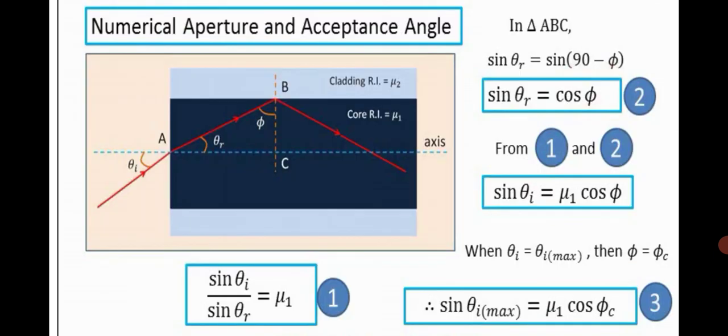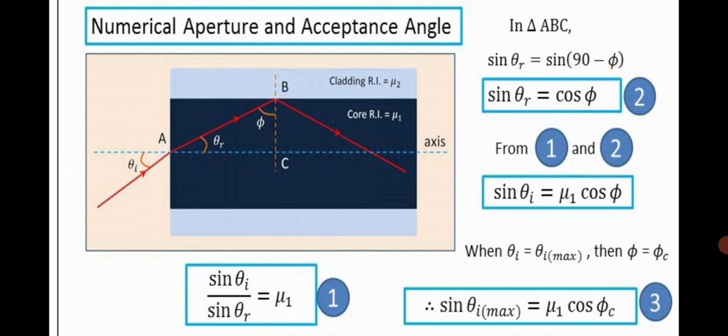Now for numerical aperture, when we observe this from a geometrical and mathematical point of view, theta i is the angle of incidence, theta r is the angle of refraction, and phi is the angle at which it is incident on the boundary between the two media, that is, core and cladding.